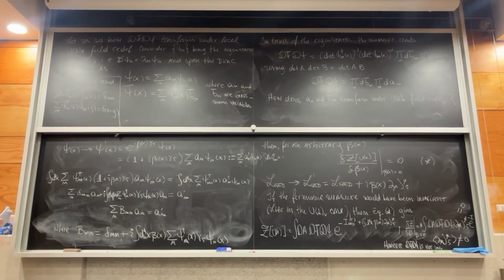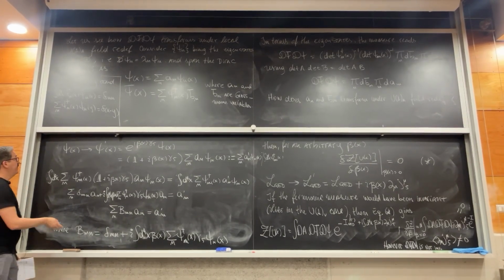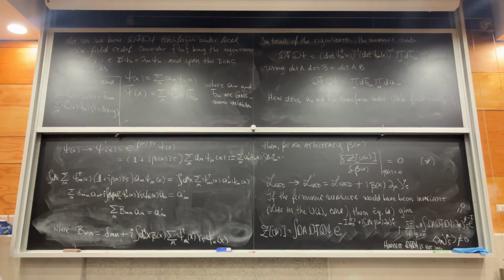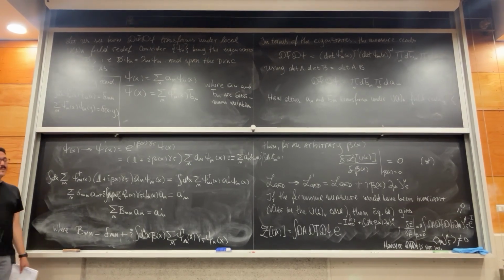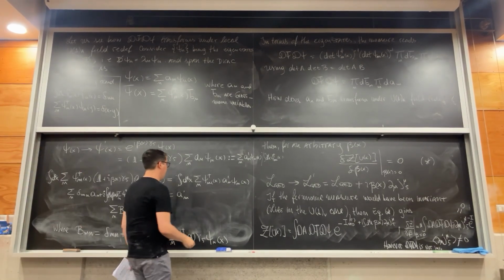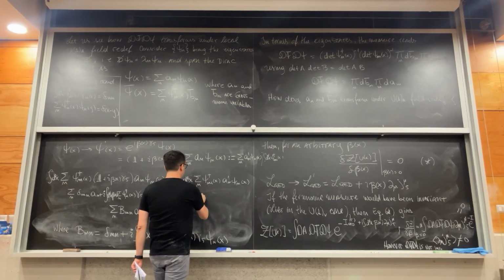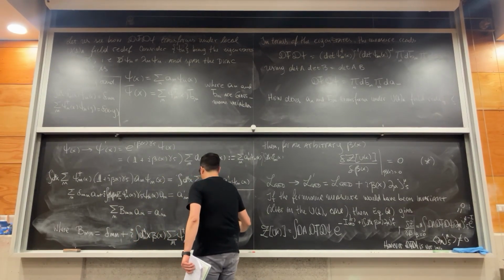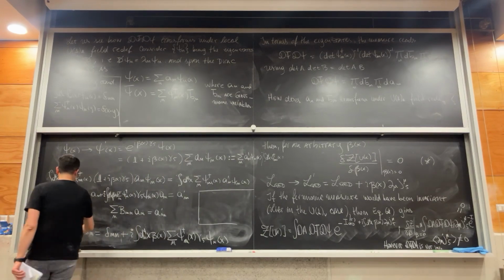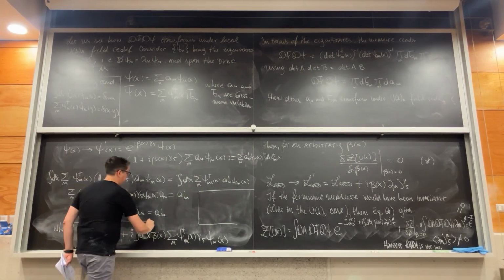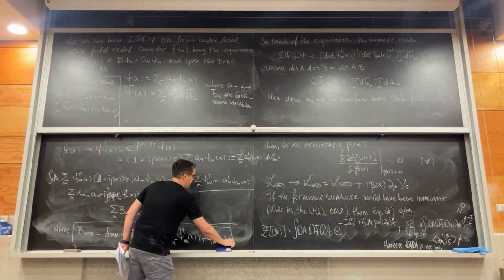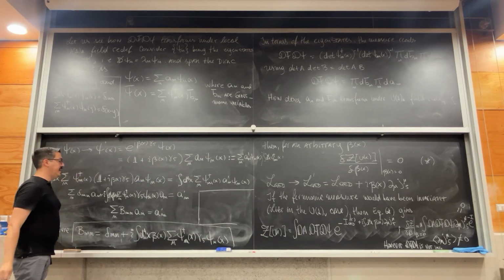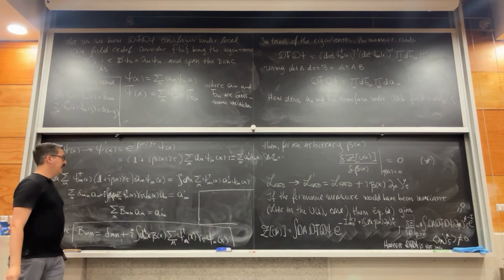So the idea now, you do the same for the adjoint Dirac spinor. And I will put the result here. But this is the important result. This is the matrix whose determinant needs to be computed.